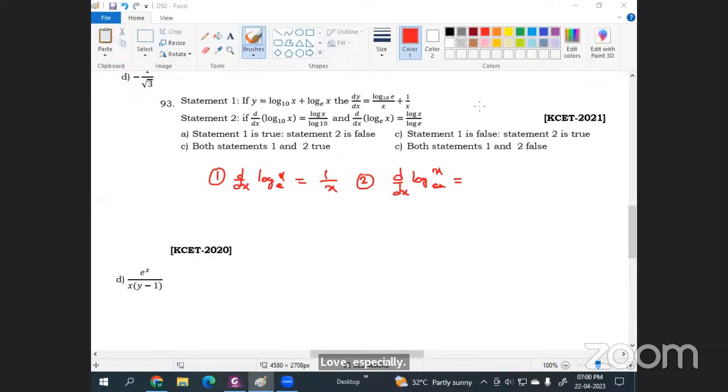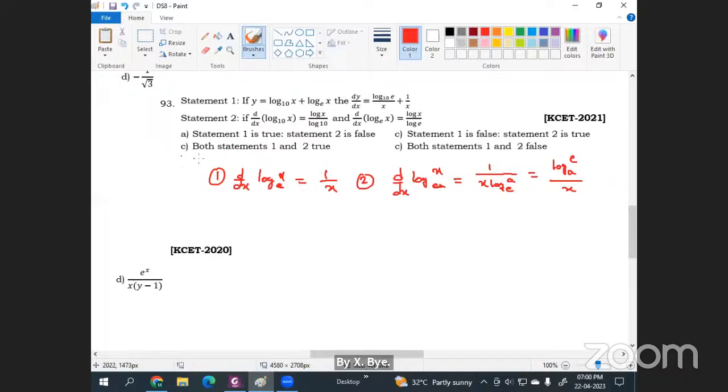Log x base a. Anybody else have the idea? Right. 1 by x log a base e, or log e base a by x. Right?